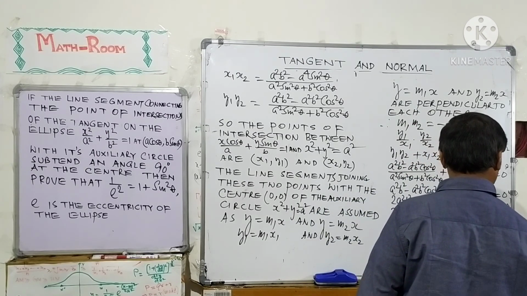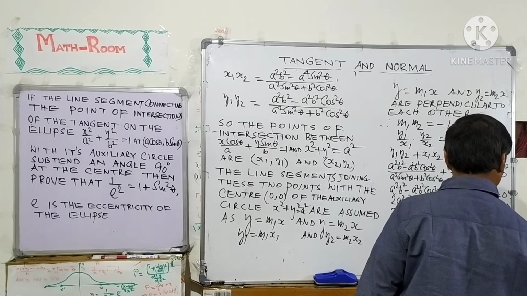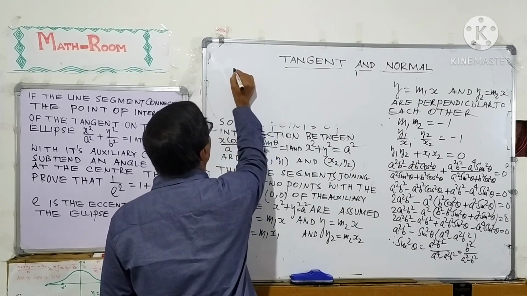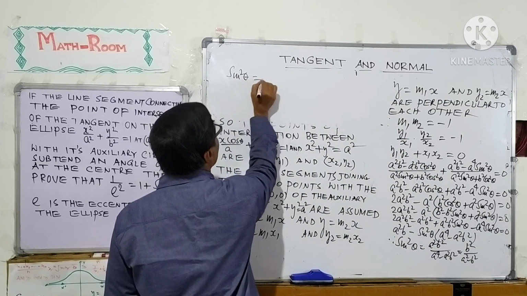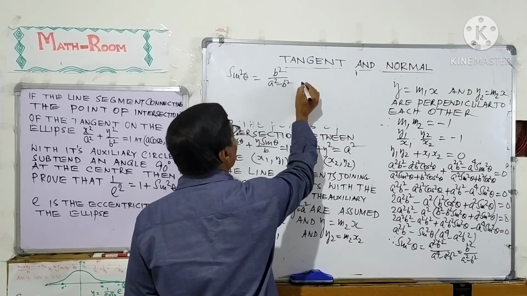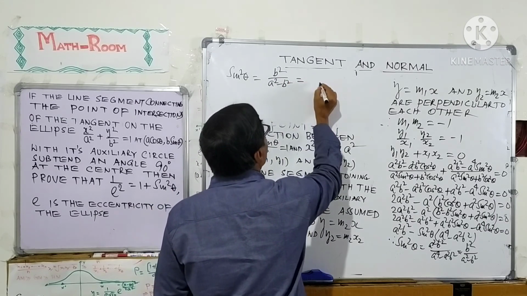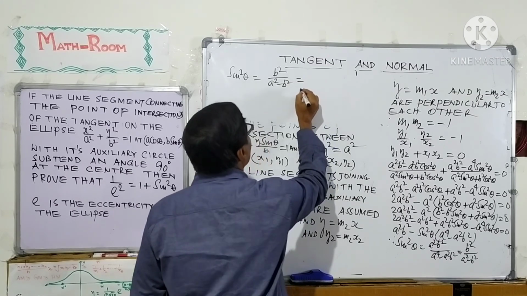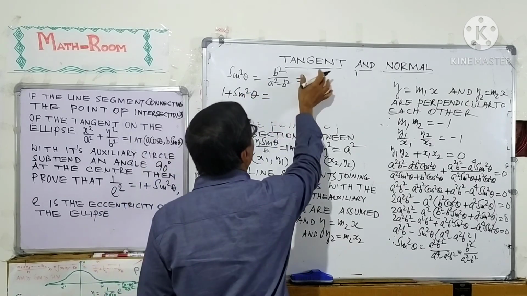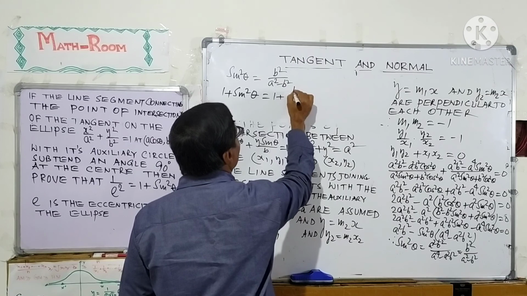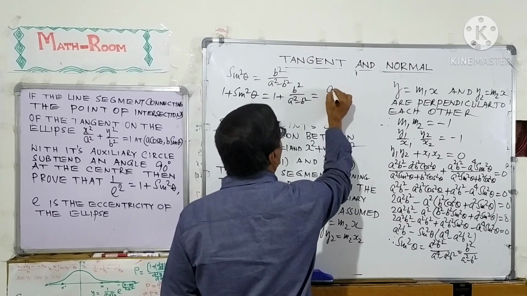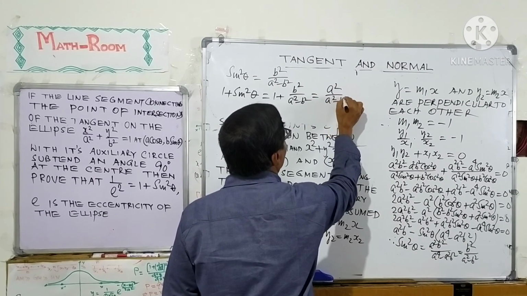This can be written as 1 plus sin square theta equal to 1 plus b square over a square minus b square, which is a square over a square minus b square.